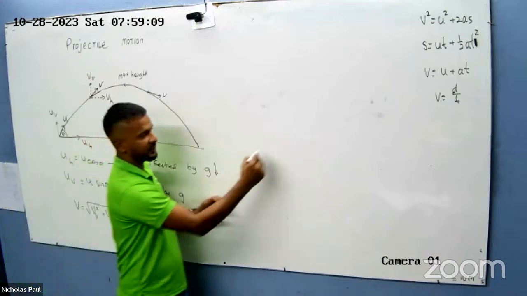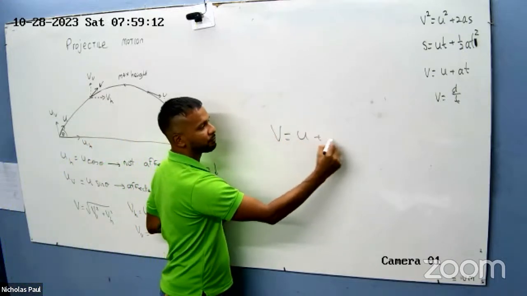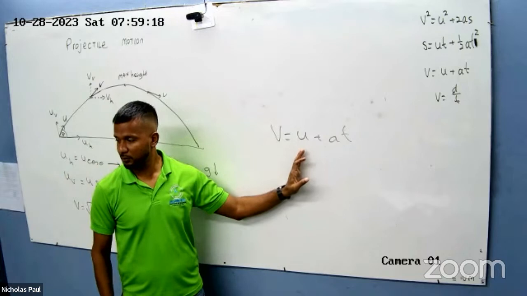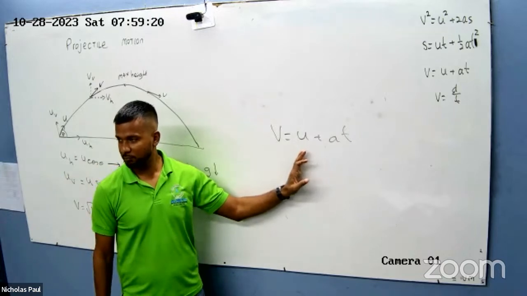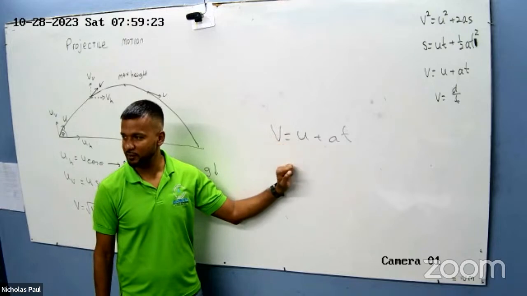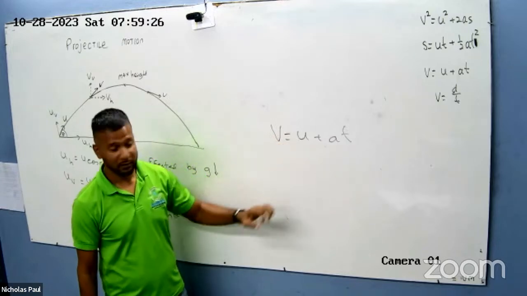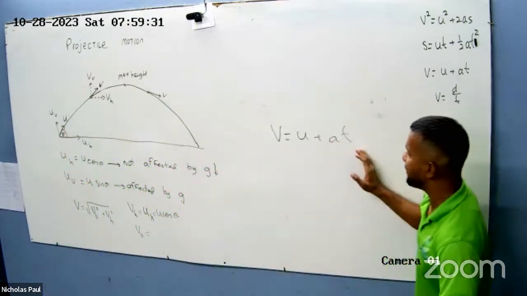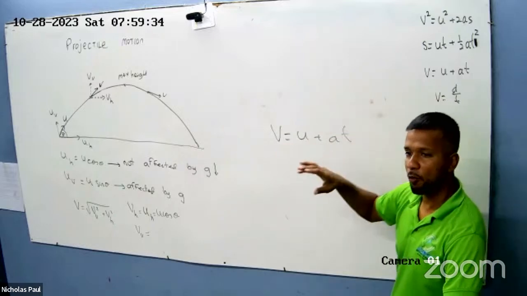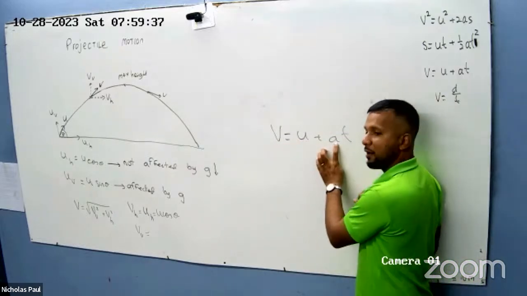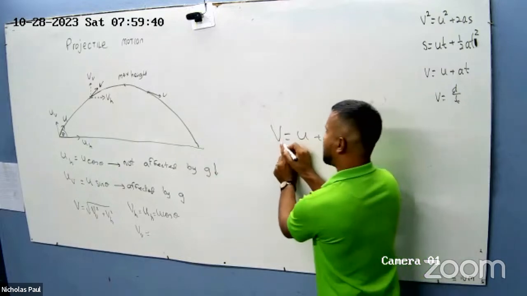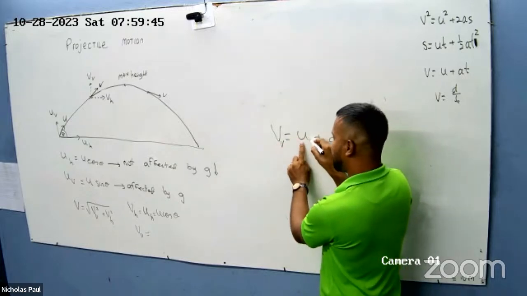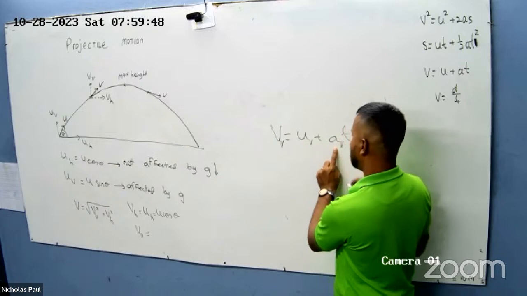Notice this: these are vector quantities. If you have to use these quantities in the equation, what you have to always make sure is that all of these are in the same direction. So if I ask you to find the vertical component of velocity, this has to be acting vertically, this has to be acting vertically, and time has to be acting.